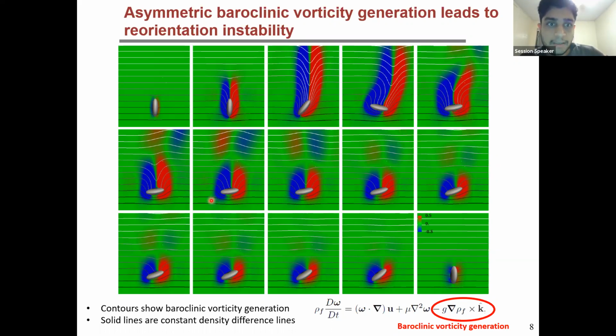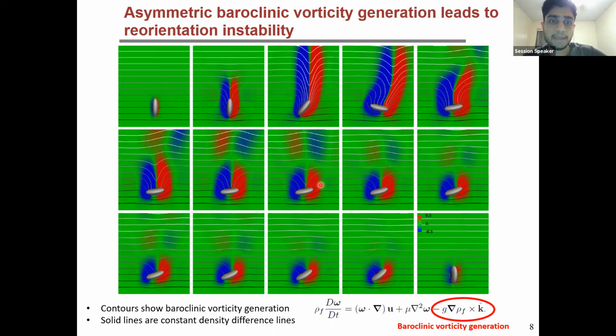As the particle decelerates, the vorticity generation around the particle due to the deformation of isopycnals remains asymmetric, and this green thin line, which separates the regions of positive and negative vorticity, predominantly remains on one side of the spheroid. Because of that, there is a constant torque which the spheroid experiences.